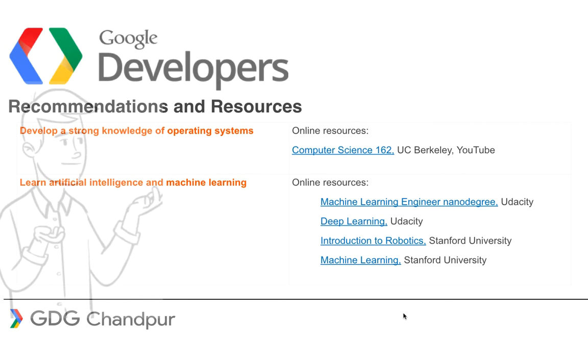Learn Artificial Intelligence and Machine Learning. Online resources. Machine Learning Engineer Nanodegree, Udacity. Deep Learning, Udacity. Introduction to Robotics, Stanford University. Machine Learning, Stanford University. Learn Android Development.